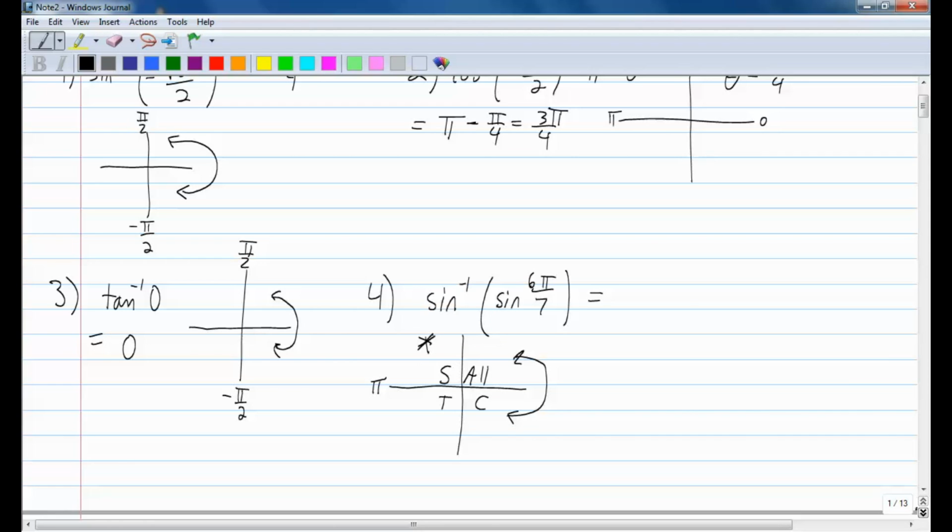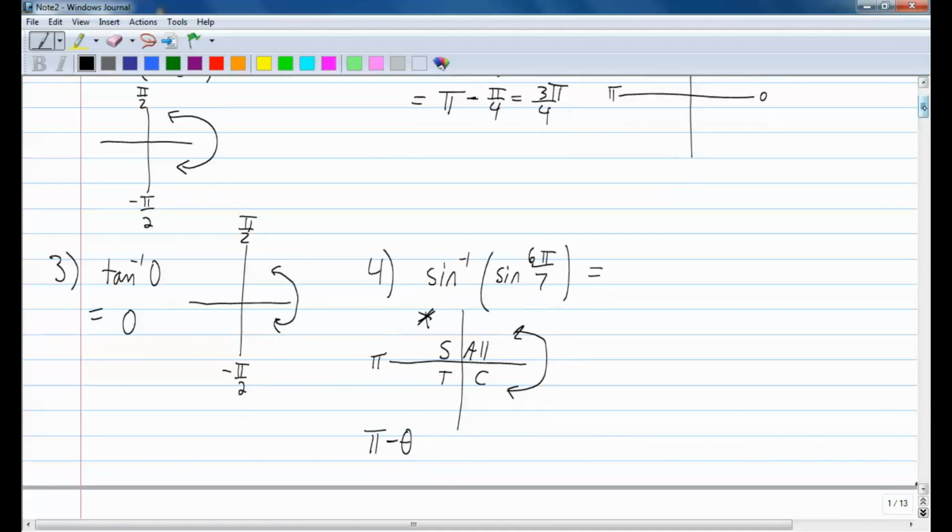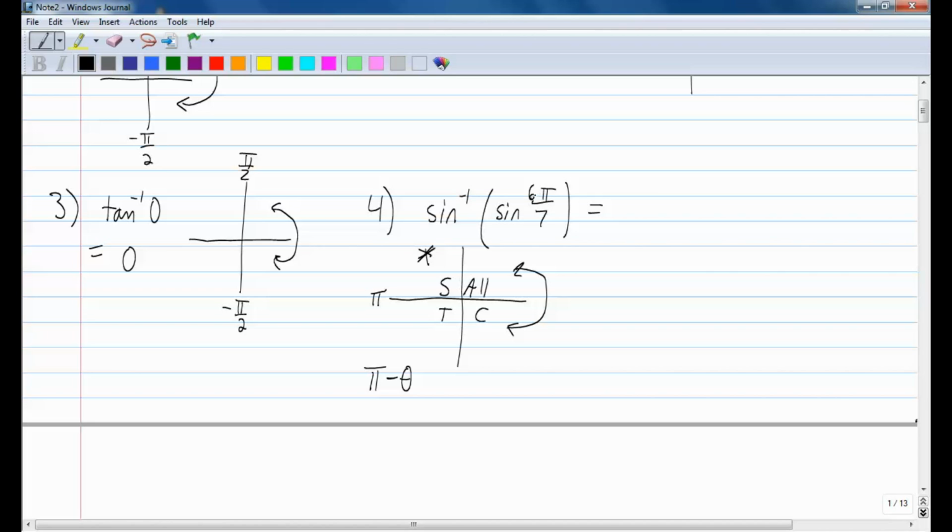The way we do that is we use the formula pi minus theta. So we want to solve for the reference angle so that we can get the angle measure in the first quadrant. So we say pi minus theta equals 6 pi over 7. And solve for theta. So I'd subtract pi from both sides.